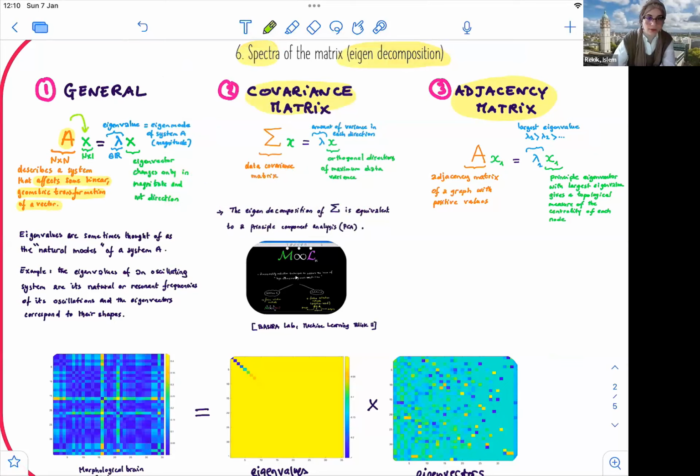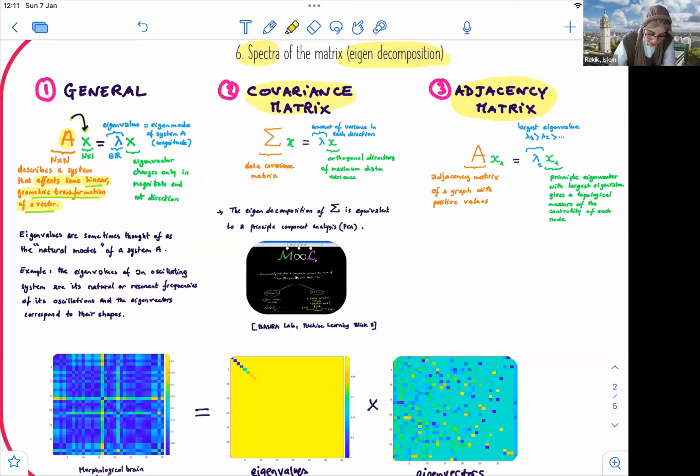I mentioned earlier the power of diffusion, integration. So A is affecting this vector. This is another reading: A is applying a linear geometric transformation of this vector. Now we are talking about mathematical geometric transformation. This is another reading of this matrix and vector multiplication.